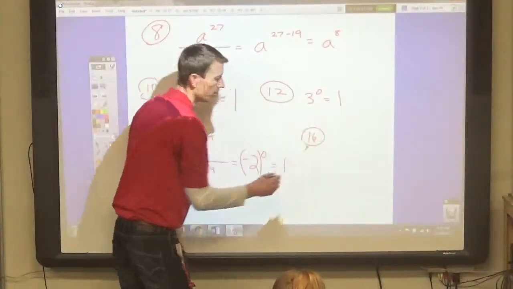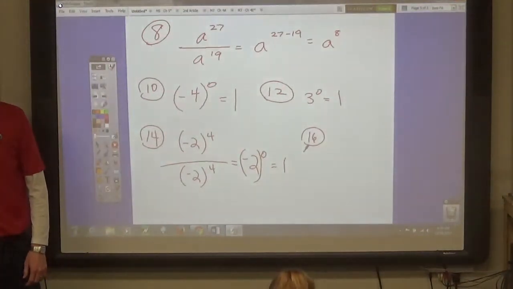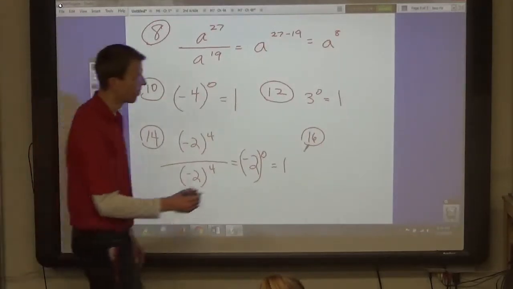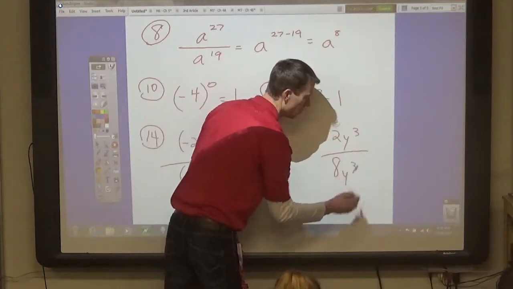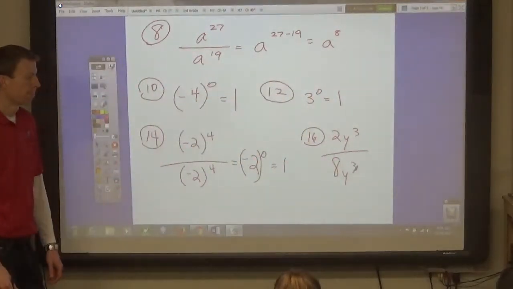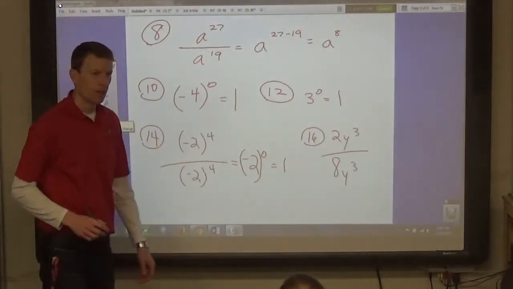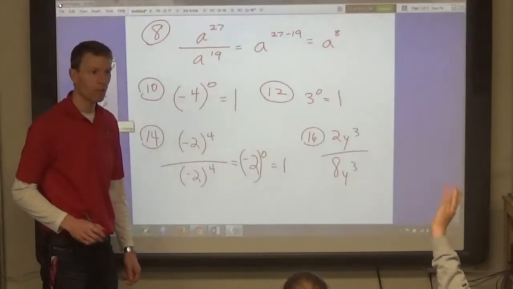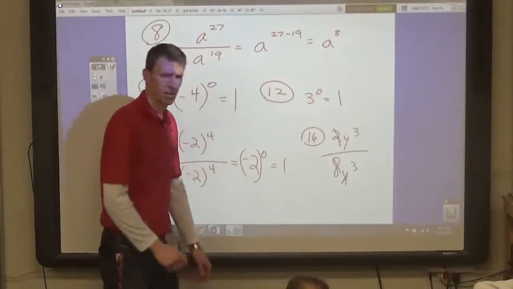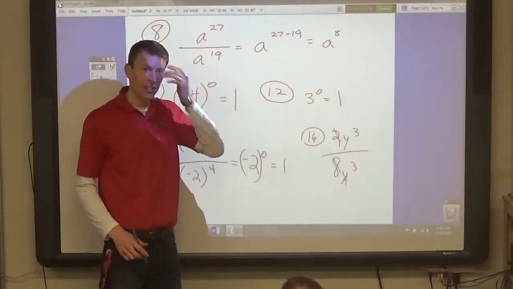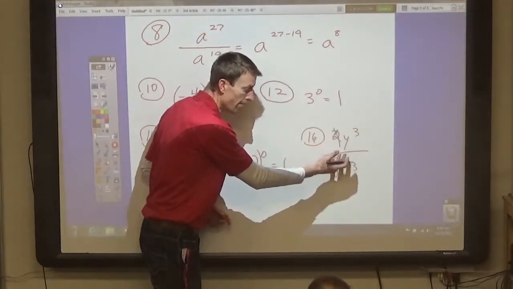16. 2y to the 3rd over 8y to the 3rd. Simplify the numbers. 2 over 8 is, no, 4. So we can factor out what number?